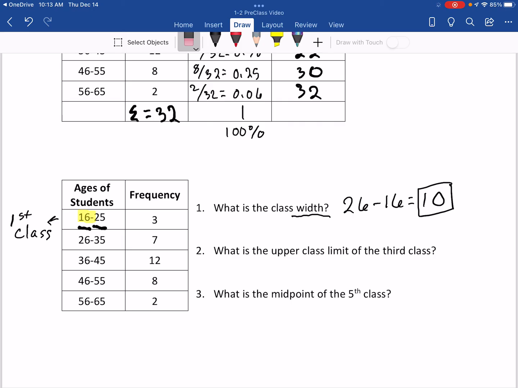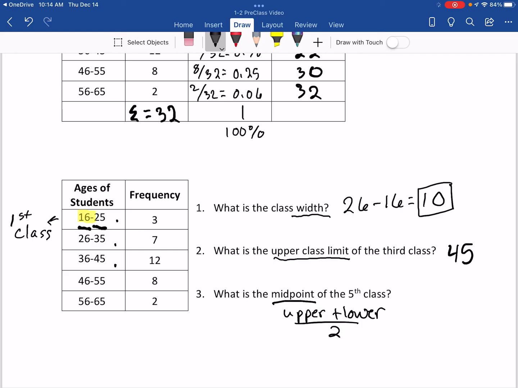Good. And then the upper class limit is the highest value that can be in a class. So if I look at the third class, 1, 2, 3, that upper class limit is 45. And then the midpoint is the upper class limit plus the lower class limit divided by 2.